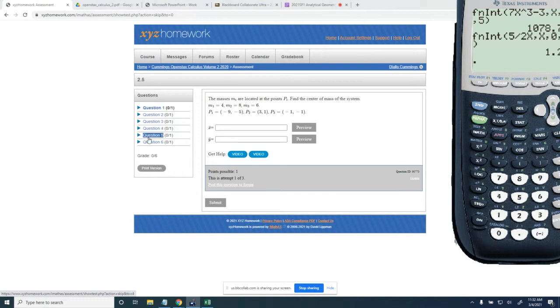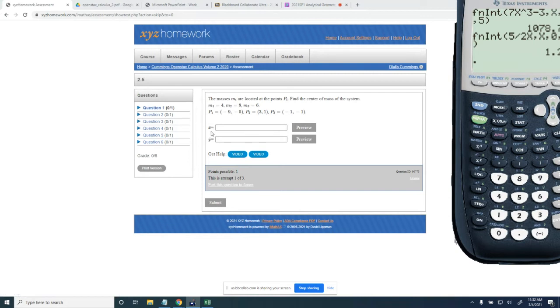We'll go through the second set of problems in the center of mass section, followed by the very last section in chapter 2, which is hyperbolic functions, after which we will have the midterm. I'll give more information on that midterm toward the end of class.